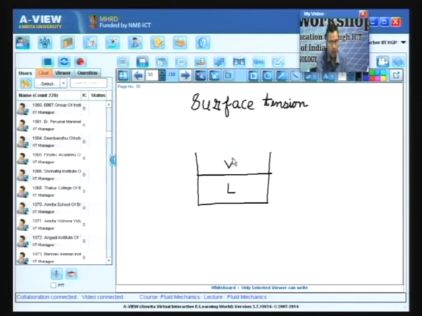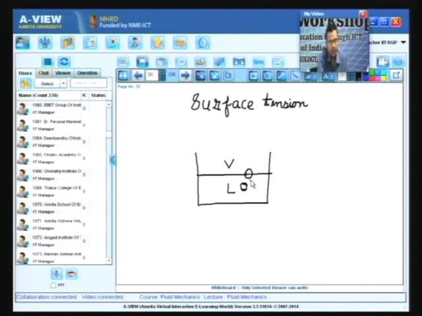Now let us consider a molecule which is in the liquid. So if you have a molecule in the liquid, that molecule will be acted upon by forces equally from all sides. Because of that the molecule can be in equilibrium. Now let us say that there is a molecule at the interface.